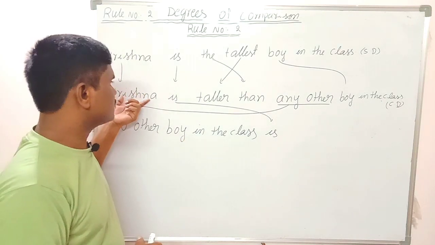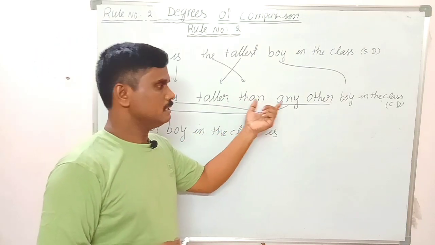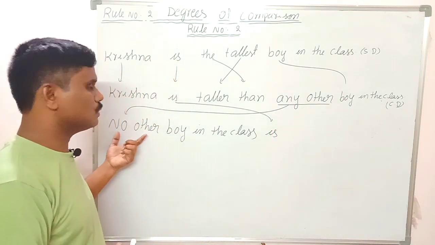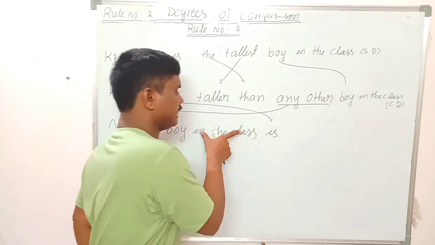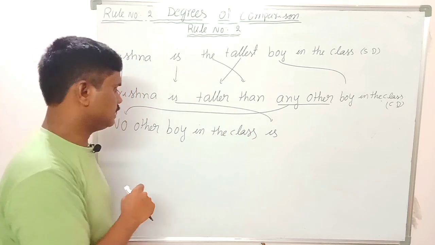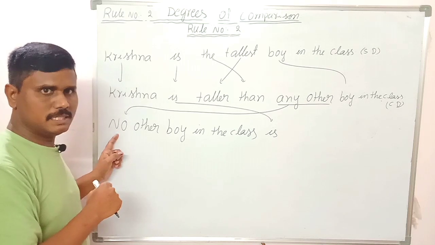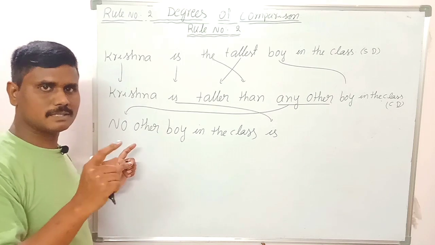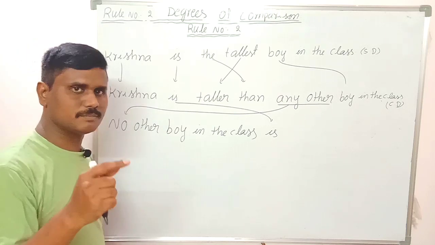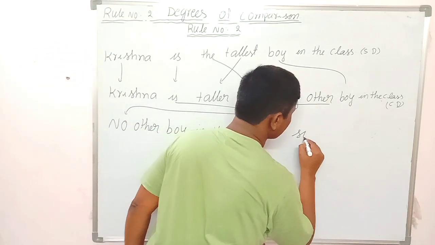In this sentence this is the subject, in this sentence this is the subject. Once again, after than, if we find any other, we begin the positive degree sentence with no other, the remaining words as they are. Here the verb is singular, no change. Now this sentence is also a negative sentence because no is there. In standard English, otherwise even in any higher examinations, for example SAT examination, whenever negative we use so as.